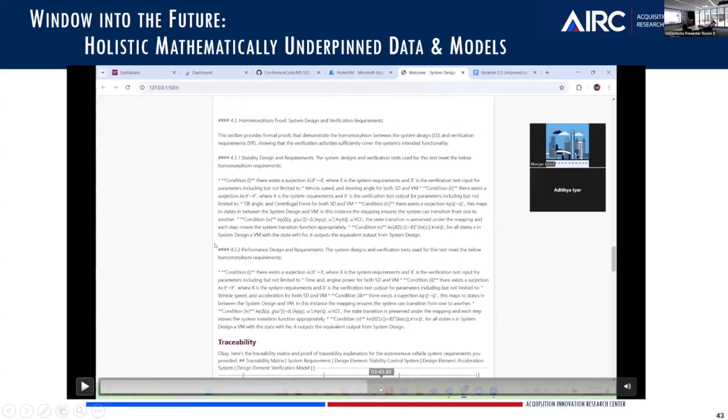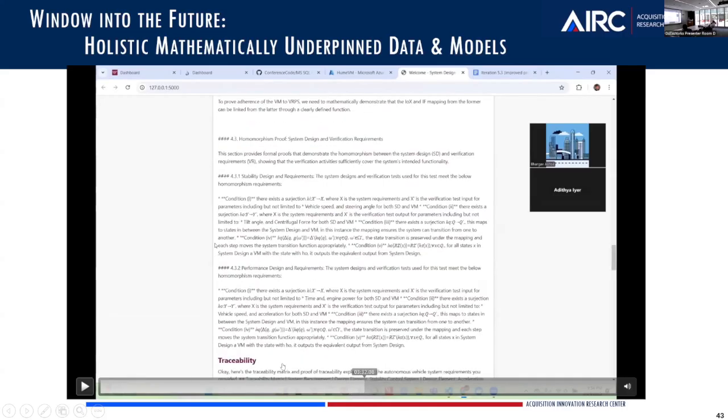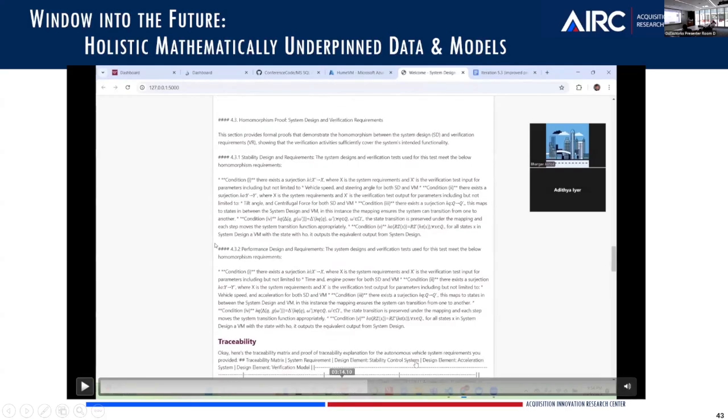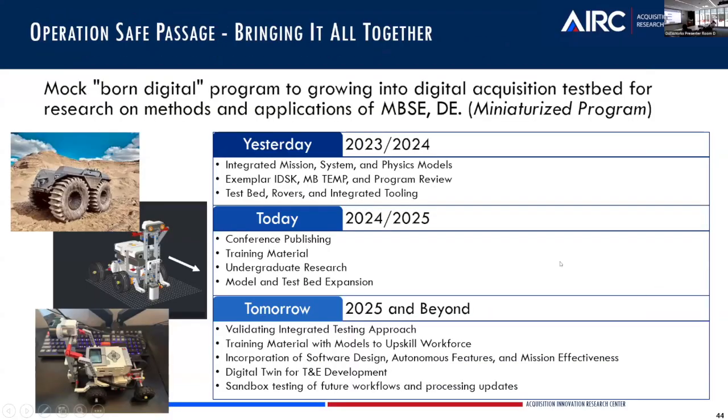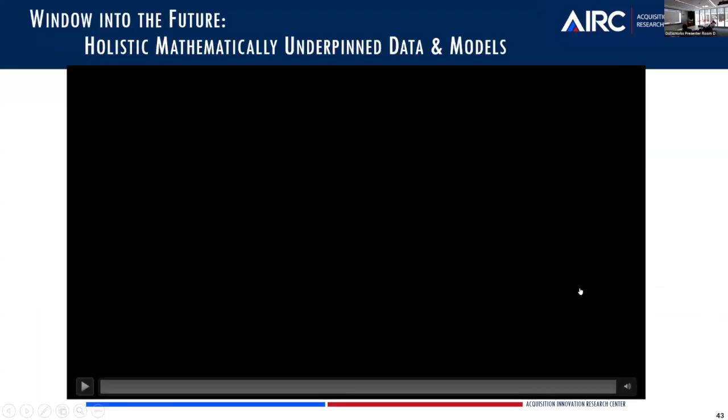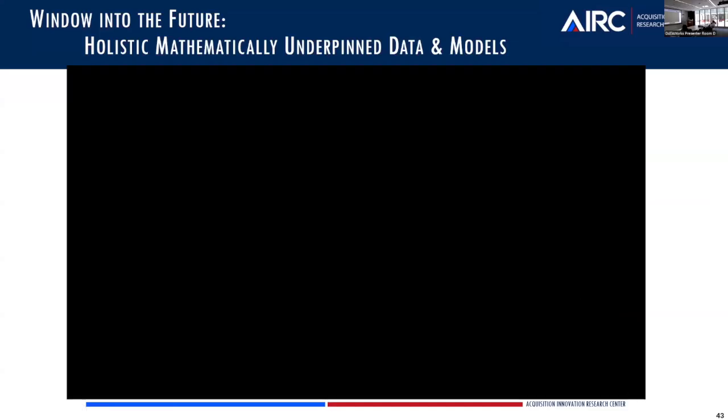You can see where we started to do this and, in the end, this traceability. In the end, it starts being fully mathematically traceable. So it's a work in progress, and again, that's more of a future state than a now state.